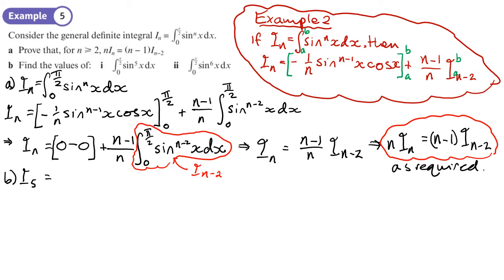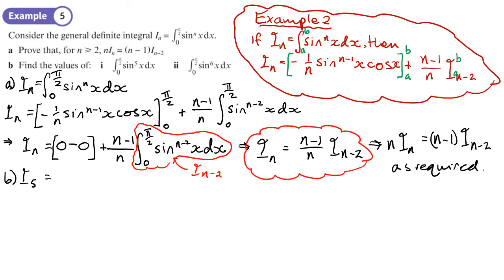Actually, I'm going to divide both sides by n, and then I get back to this. So really, I'm not going to be using that, I'm going to be using this, if I divide both sides by n.